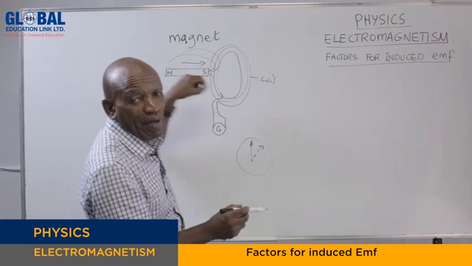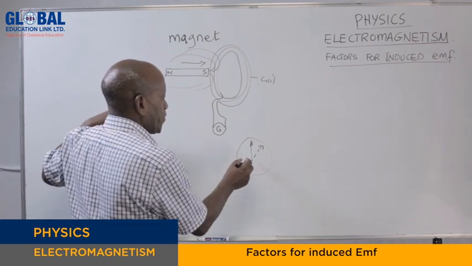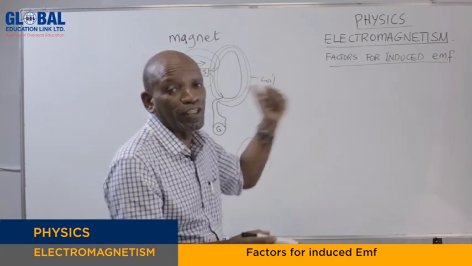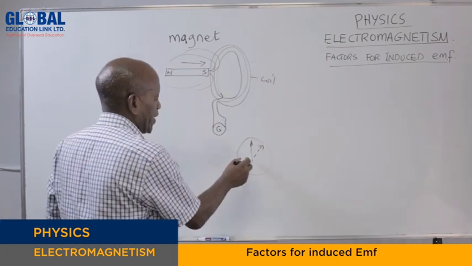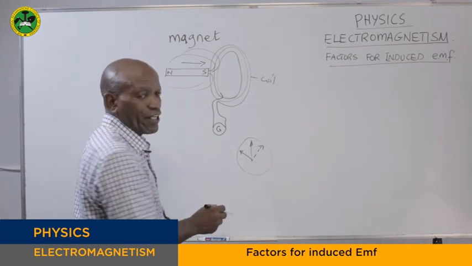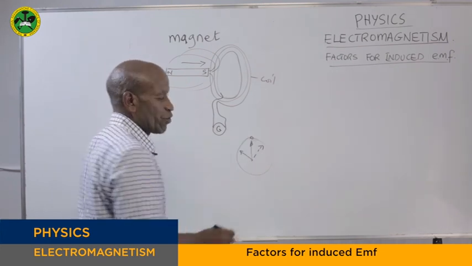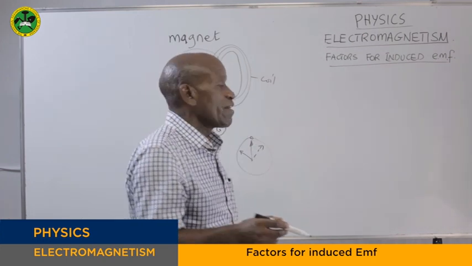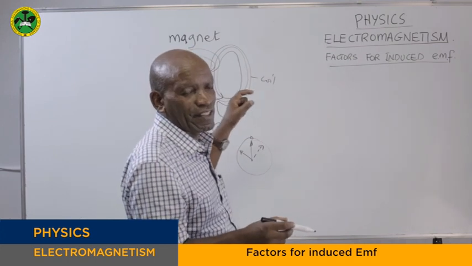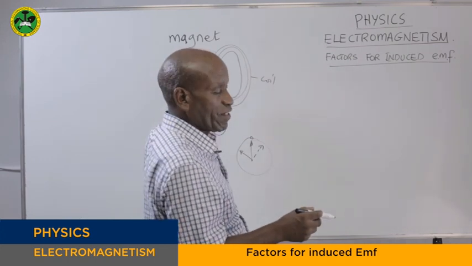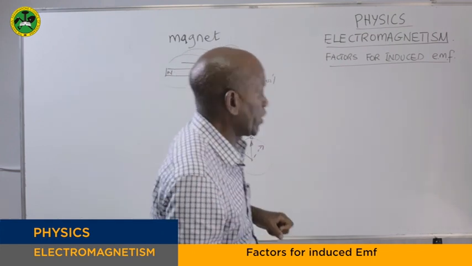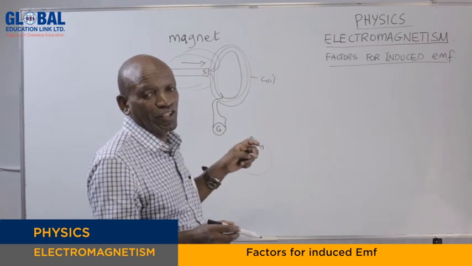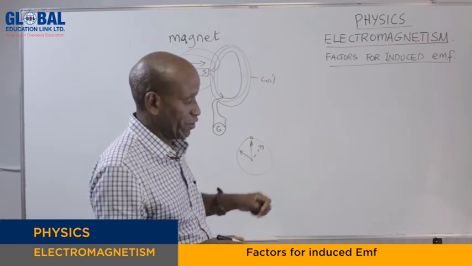Whenever you recede a bar magnet away from a coil, the current will take the opposite course, flowing in the opposite direction, and the galvanometer again will deflect in the other direction. Remember, this is a zero-centered galvanometer. So the current will flow in a direction depending on the interaction of the magnetic field produced by a magnet with that coil, which is connected to a galvanometer for detecting whether there is an induced EMF or not.